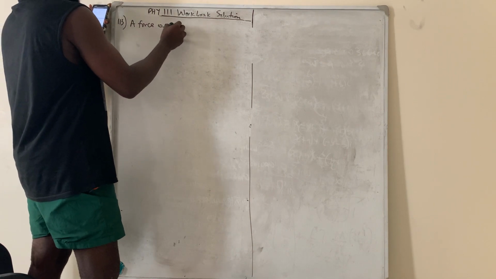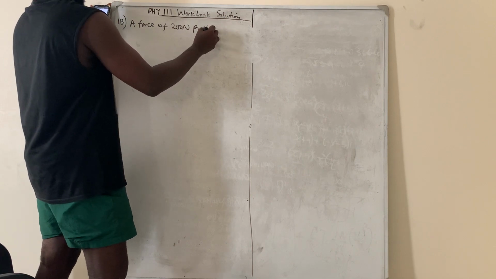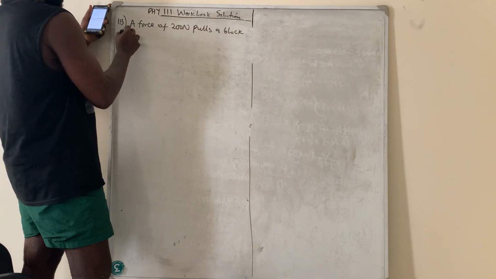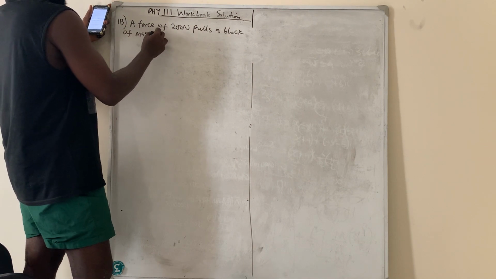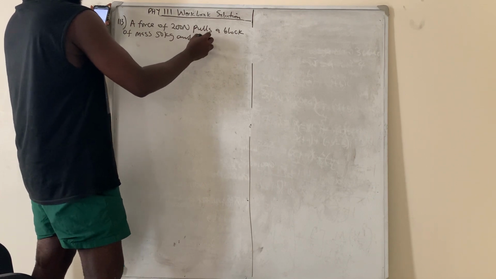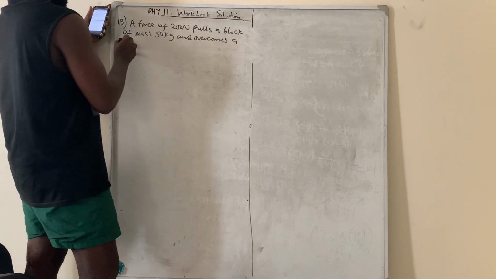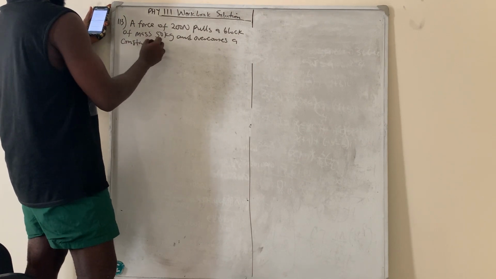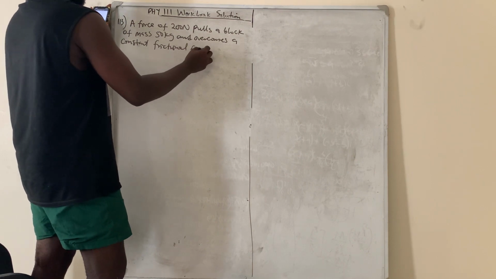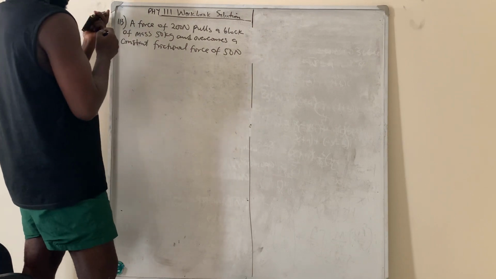113 said a force of 200 Newton pulls a block of mass 50 kg and overcomes a constant frictional force of 50 Newton.